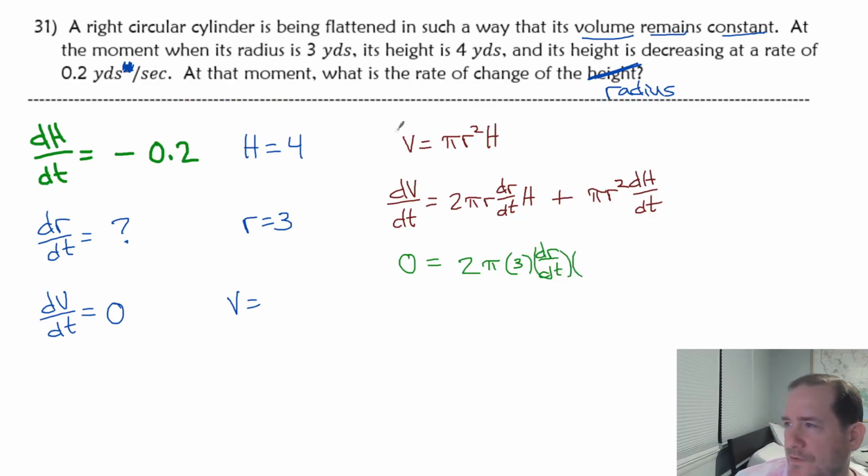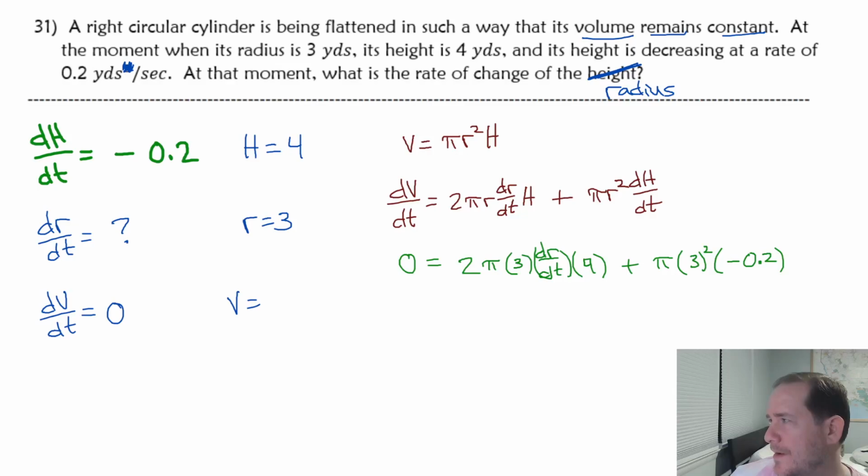Then we are squashing until our height is 4. And pi is pi. The radius is still 3 squared. And dH dt is the rate of change we know. We know that it's negative 0.2.